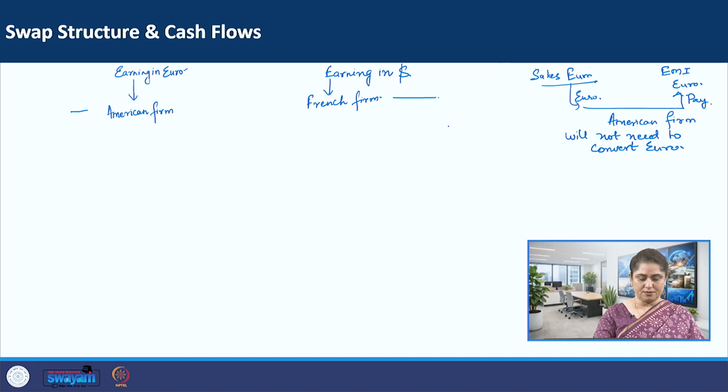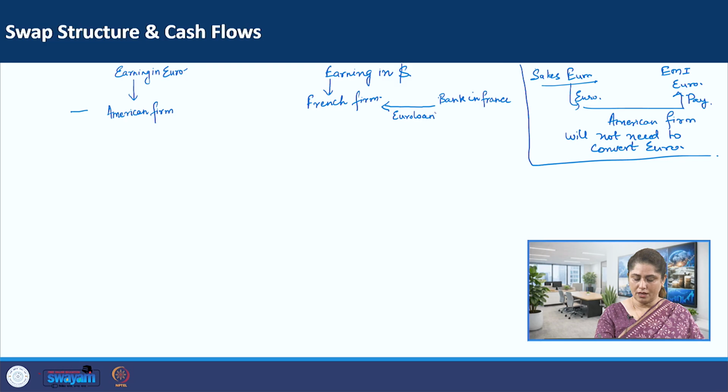Now, let us say that they both take loan. The French firm takes loan from bank in France, a euro loan at 7.50%. Okay.